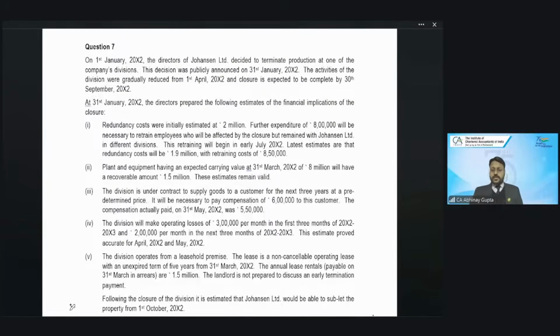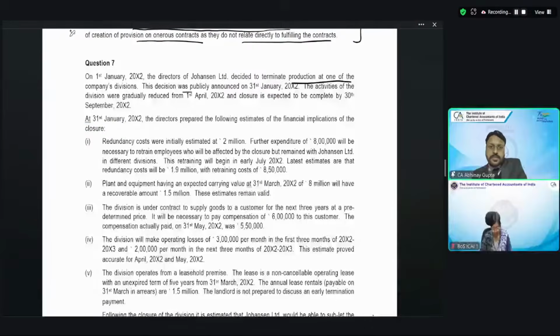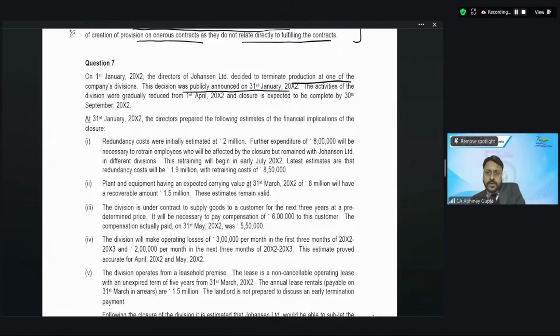Okay. The last question. On 1st of January 2002, the directors of Johnson Limited decided to terminate production at one of the company's divisions. This decision was publicly announced on 31st January 2002. The activities of the division were gradually reduced from 1st of April 2002 and closure is expected by 30th September.